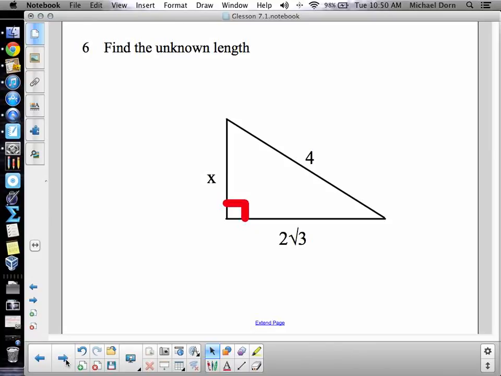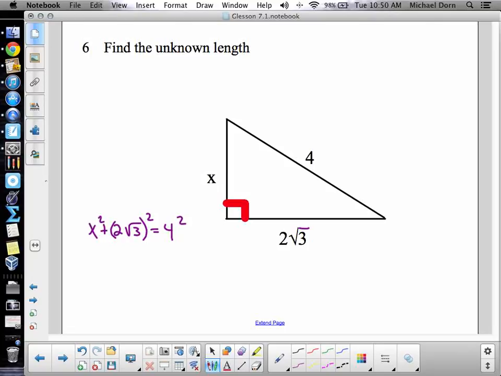One more. How are we going to set this one up? Who hasn't talked too much yet today? You want to take a shot at setting this one up? You don't have to solve it, just set it up. X squared plus b squared. There we go.